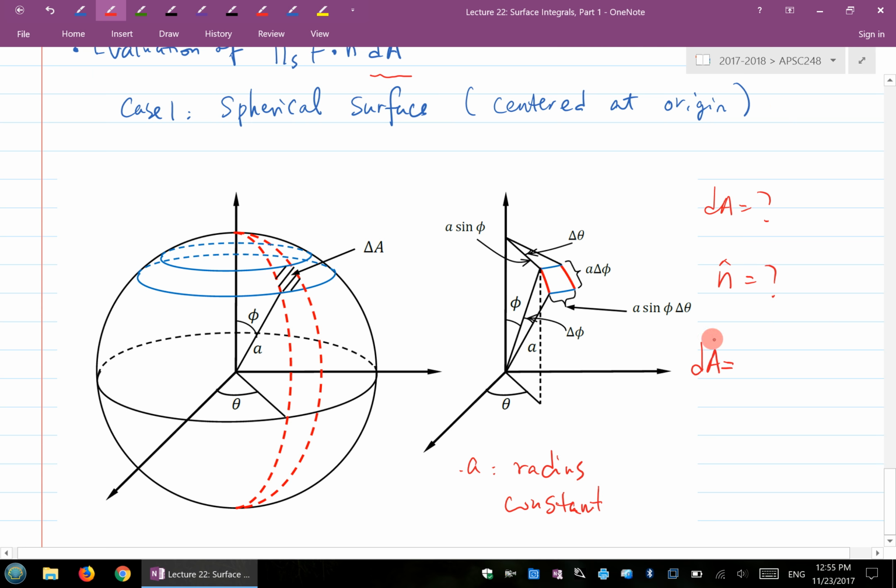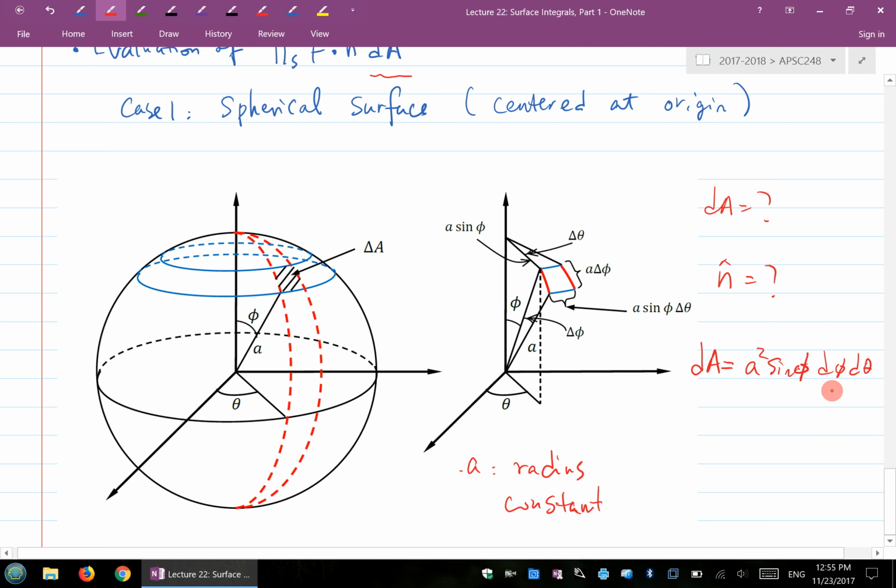easily obtain an expression for the dA, which is equal to a squared sine phi d phi d theta. Okay, so theta and phi are part of what coordinate system? Spherical coordinates, right? So now you look at this dA here.